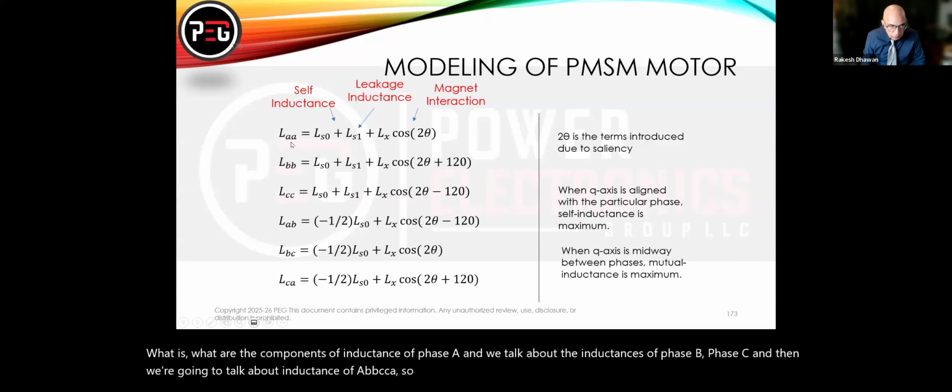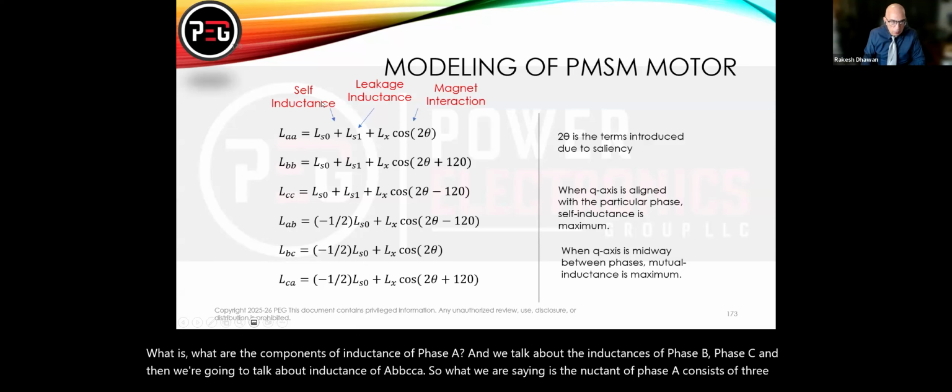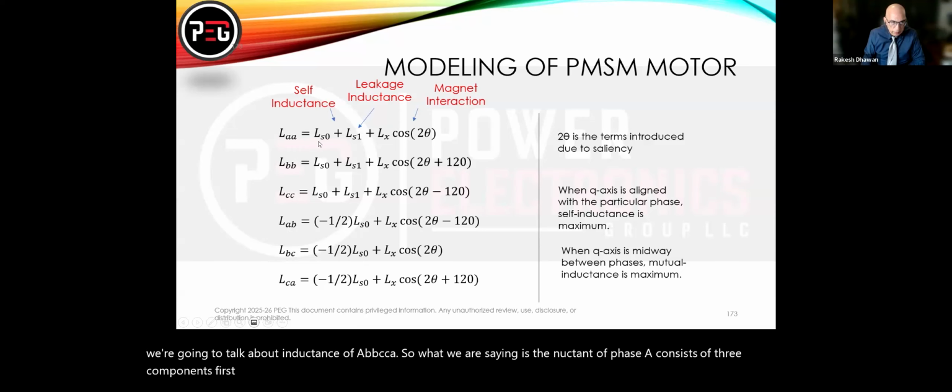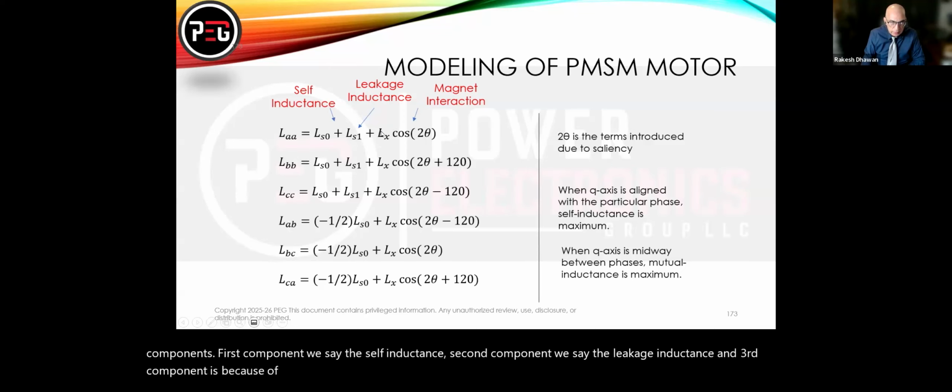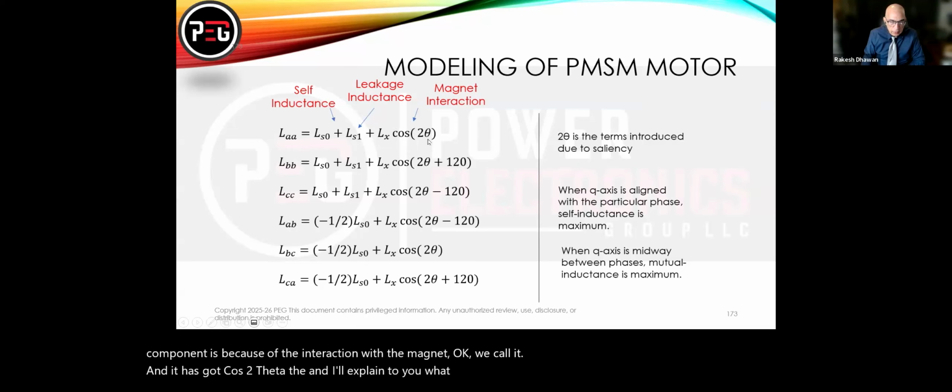So what we are saying is the inductance of phase A consists of three components. First component we say is the self-inductance. Second component we say the leakage inductance. And third component is because of the interaction with the magnet. Okay, we call it Lx, and it has got cos 2 theta. And I'll explain to you what cos 2 theta is. Right? We are saying here 2 theta is a term introduced due to saliency.